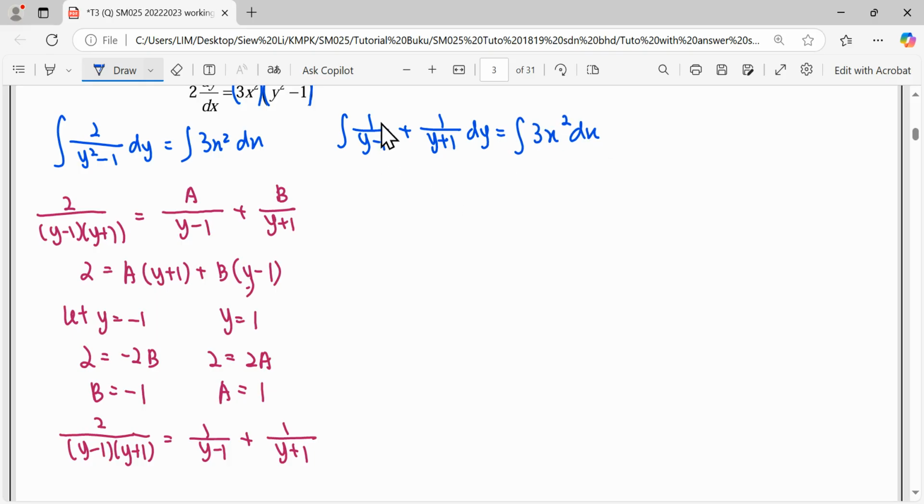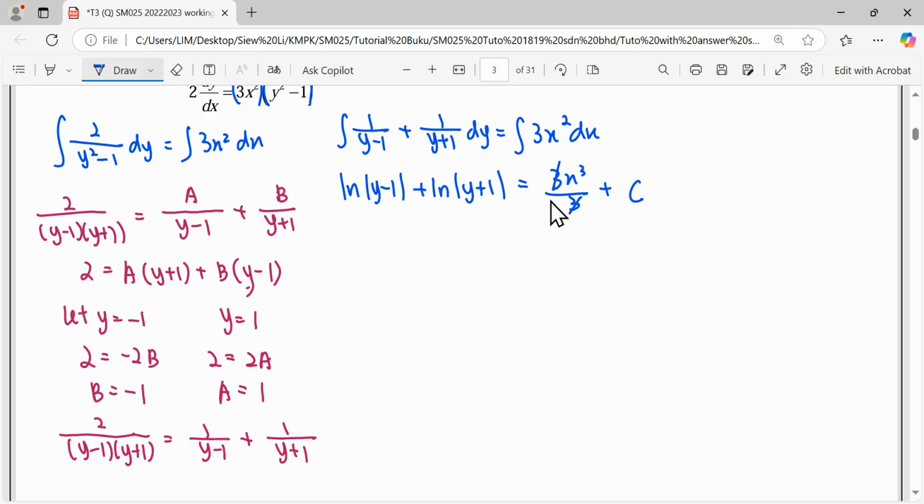Integrate 1 over linear, both will give us the formula of ln. So this is ln y minus 1 minus ln y plus 1, and integrate the x term, just power plus 1 over new power, which can be simplified. Then finally we finish the integration with plus c for this indefinite integral.